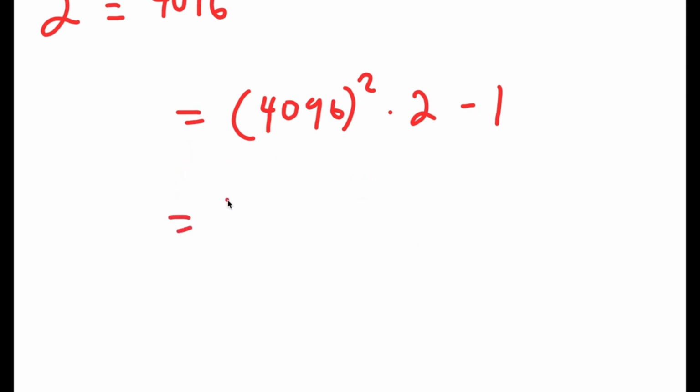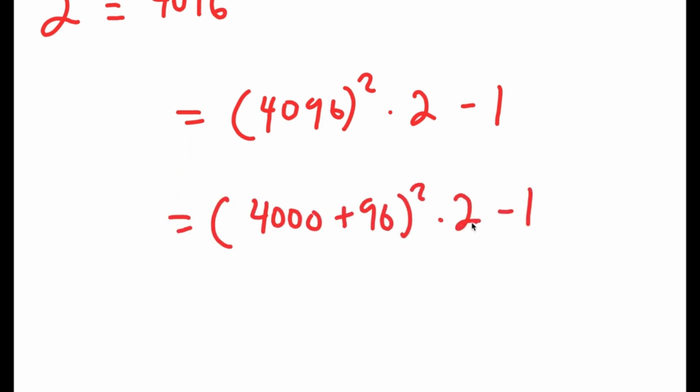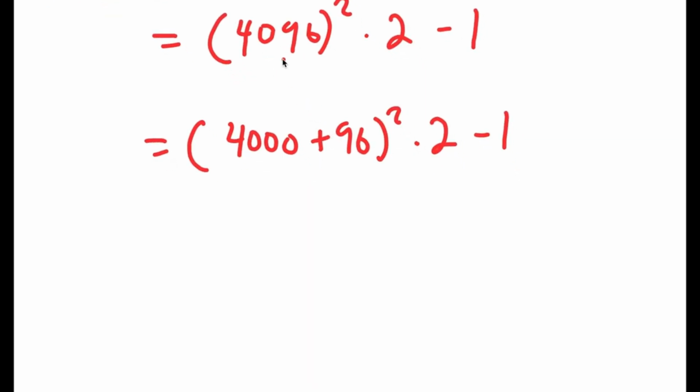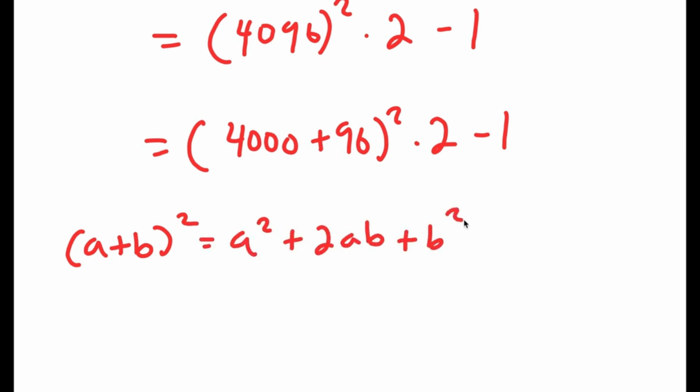And now I'm going to simplify this: 4,000 plus 96 squared times 2 minus 1. And the reason I'm doing this is because 4,096 squared is really hard to calculate by itself. So if we change it to 4,000 plus 96 squared, I can use the property a plus b squared is equal to a squared plus 2ab plus b squared.